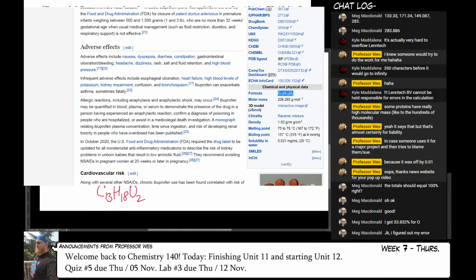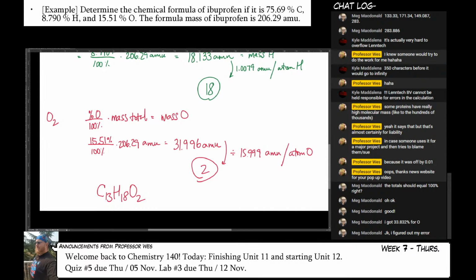There we go. C13H18O2. So our data supports the actual formula. We successfully calculated the formula based on that information. I personally think that it's really cool that you can do this calculation and have it work out like that.